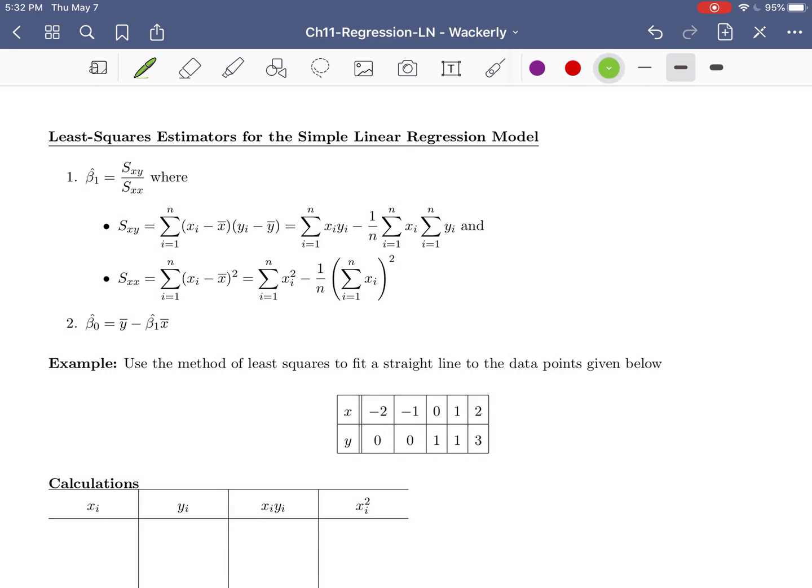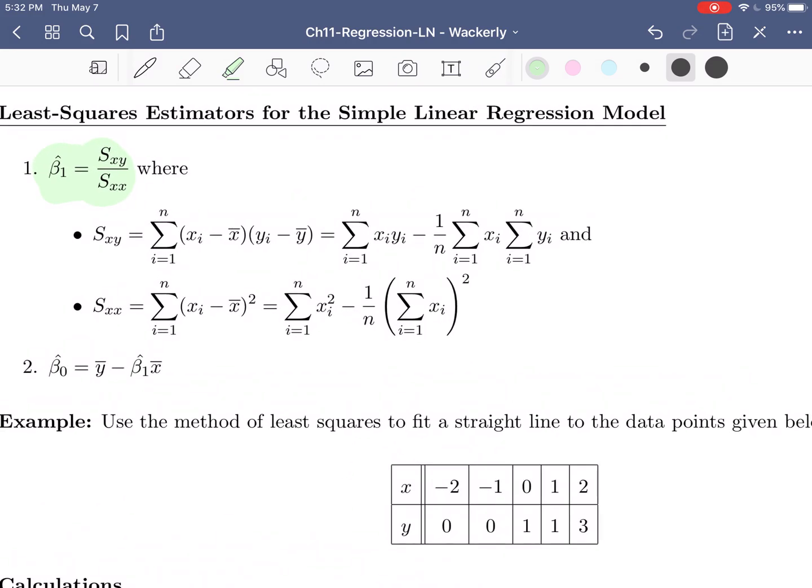All right, so our best choice for beta 1 hat is given by this. It's S with a subscript of xy divided by S with a subscript of xx. For S sub xy, you're taking the actual x values minus the mean of all of the x values, times the actual y value associated with that x value minus the mean of all the y values.